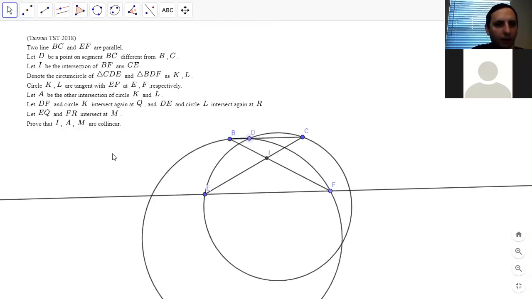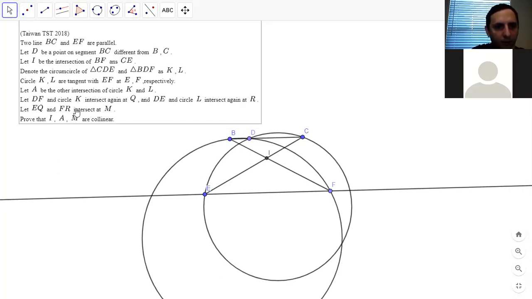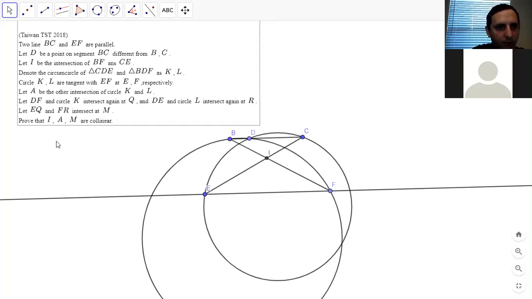Okay, and then they're tangent to EF at E and F. Okay, that's weird.